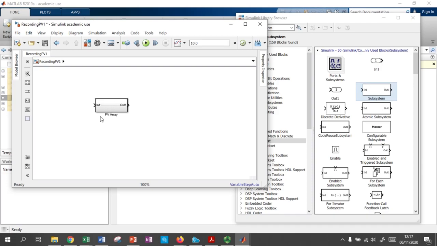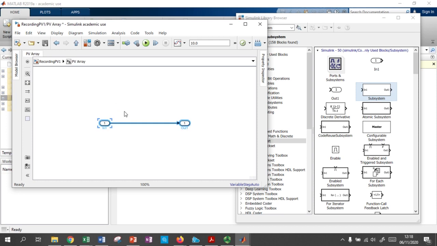All of them should be inserted as inputs, and we can find some of them in the manufacturer datasheet or manufacturer catalogs. Then this is our PV array.